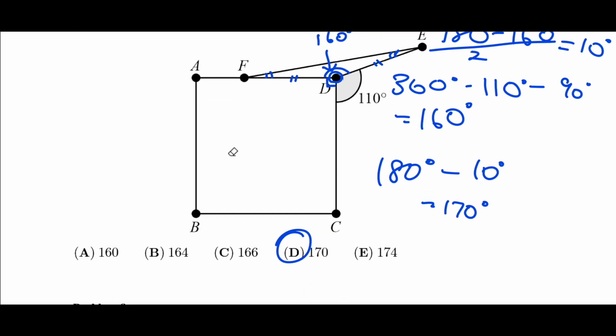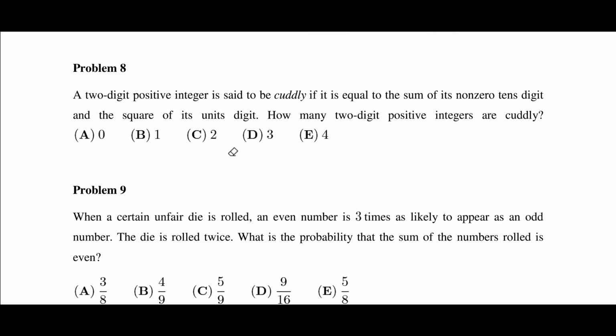Okay, moving on. Problem 8. So for this question, let's just assume there's this integer xy. If this integer is expressed as xy, where x is the tens digit and y is the units digit, then you can just write an equation like this. 10x plus y, that is the value of the 2-digit positive integer xy.